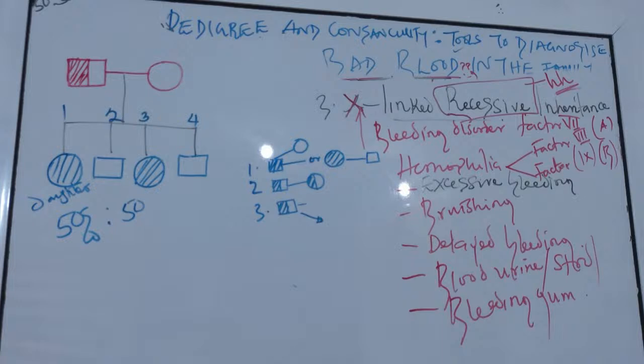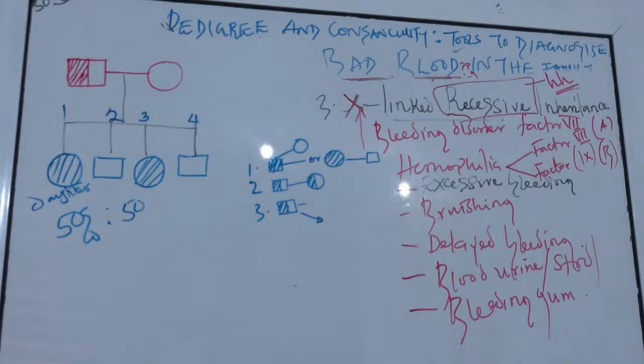Not only bad gene, but just like I said, because I wanted to focus on disease, that's why I term it as bad blood. So we can also use it to diagnose even good blood, because sometimes there are some traits that will also follow this kind of inheritance.